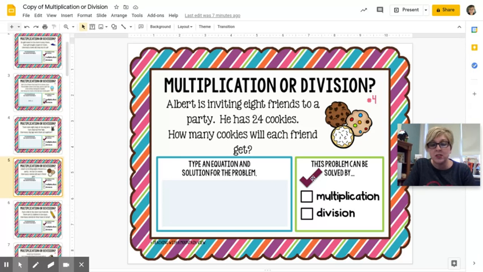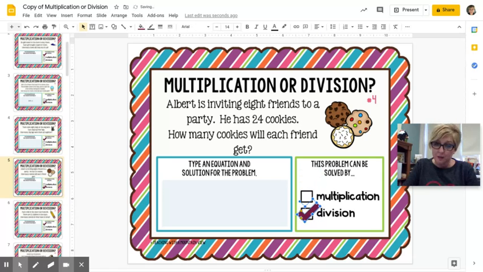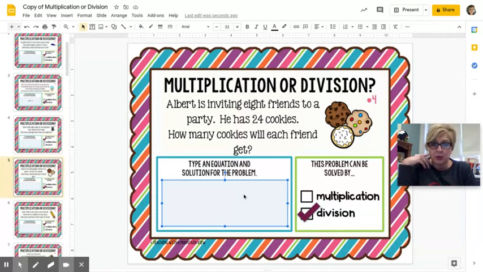So we're going to move the check mark down to the division box. Do we see any clue words that might help us? If we look at the question, how many cookies will each friend get? That's like saying how many cookies are in a group for each friend. So the question here is a clue.